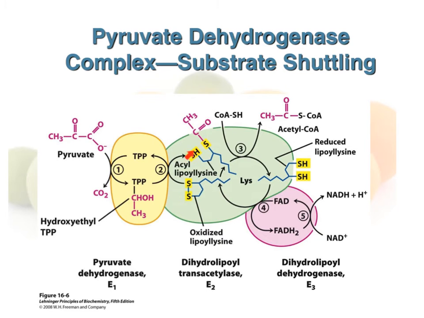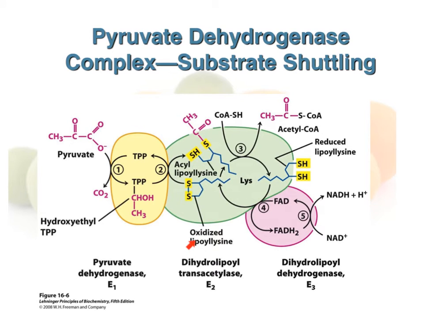So then the second portion of this complex is the dihydrolipoyl transacetylase. So that tells you it's going to be transferring an acetyl group, and it's transferring the acetyl group to a dihydrolipoyl group. Okay, this is a mouthful, but this is the oxidized form, and this is the reduced form of the lipoic acid.